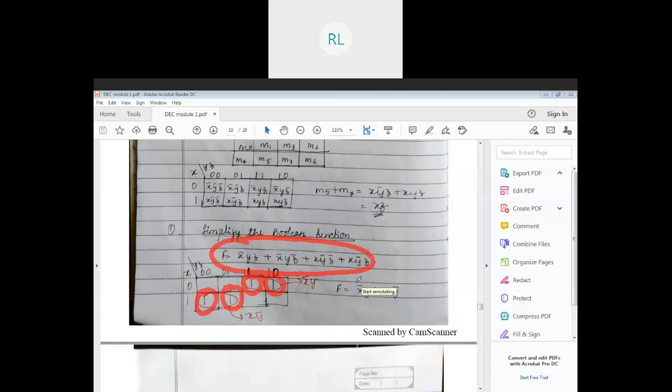We have these four terms, and accordingly we are going to mark them as ones. If these ones are together, now let us say, for example, let me draw.